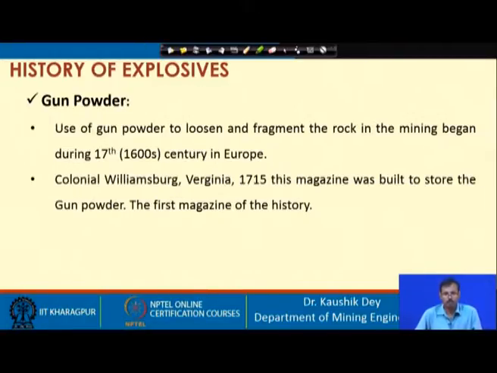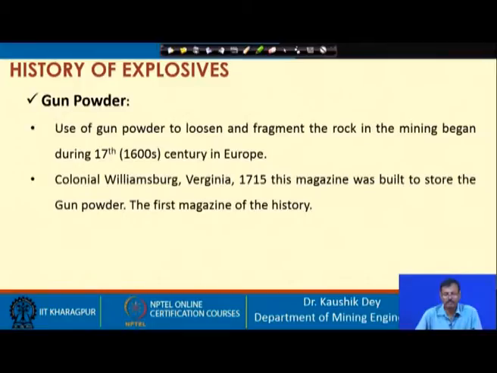You commonly know that the place where explosives are stored is called a magazine. The first magazine for storing explosives was set up in 1715 in Colonial Williamsburg, Virginia.